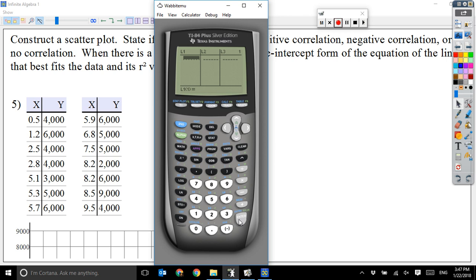And then for L1, I'm going to enter my X values. 0.5, 1.2, 2.5, 2.8, make sure you put 8.2 in twice.